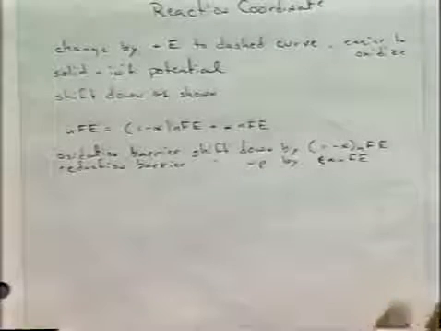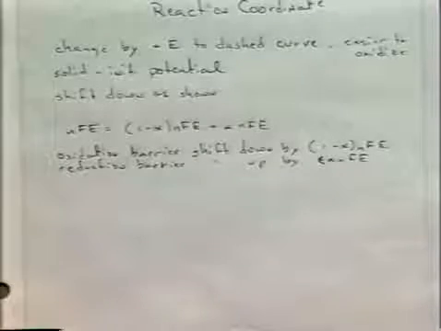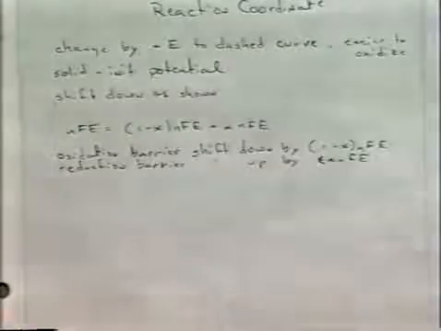Usually alpha is very close to 1/2, or 0.5. Alpha is always between 0 and 1 because it's a fractional value. It can be 0.5 typically, but it can vary. For certain systems it can be 0.8 or even higher.